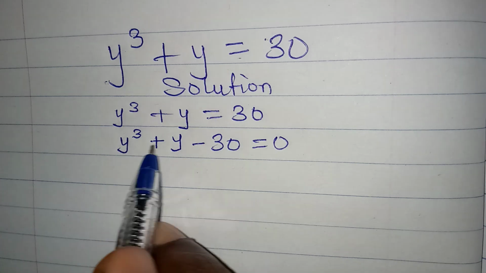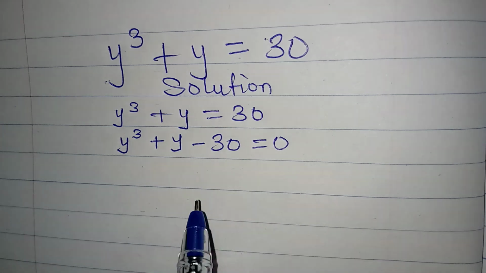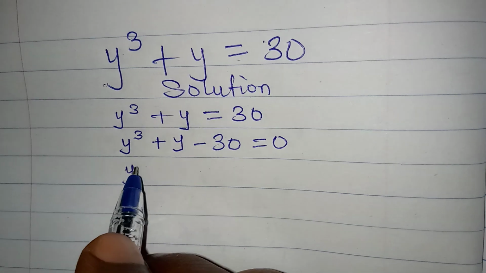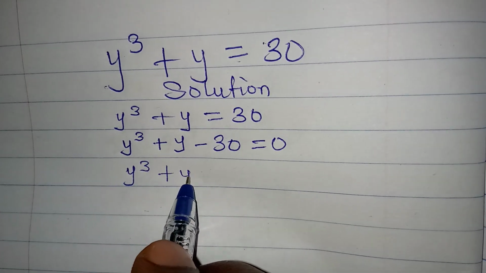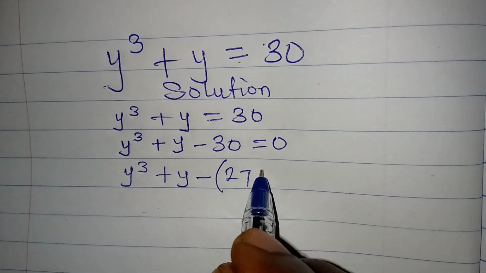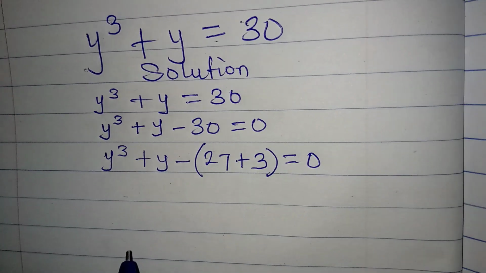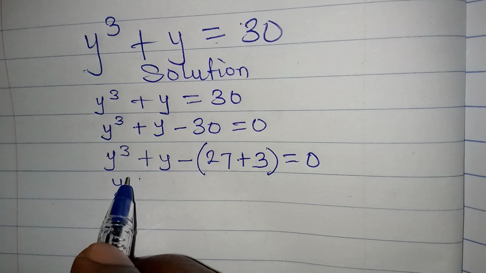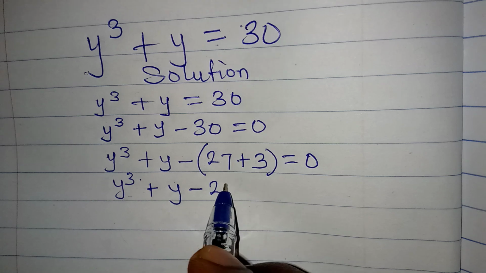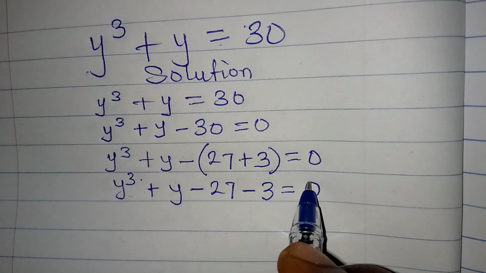Now it's difficult for us to factorize this without splitting any of the terms. So I'm going to split this 30, so that we'll have y to the power of 3 plus y minus 30, which will now be 27 plus 3, equal to 0. Now y to the power of 3 plus y minus 27 minus 3 is equal to 0.